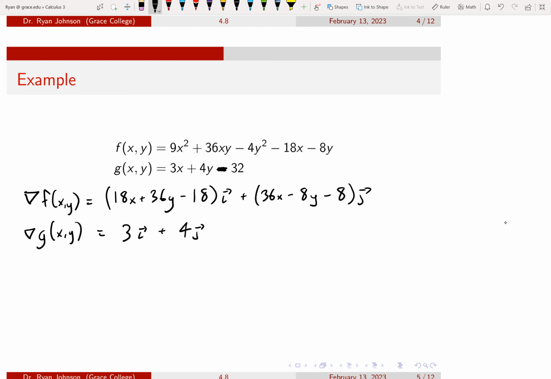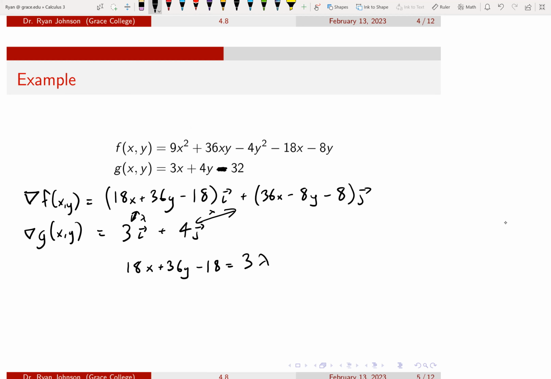we set these equal to each other with a lambda. So that means we compare the i components and the j components that have a lambda, the same lambda, between them. So it's going to look like this. That means that 18x plus 36y minus 18 equals the g part, but with a lambda, 3 lambda.